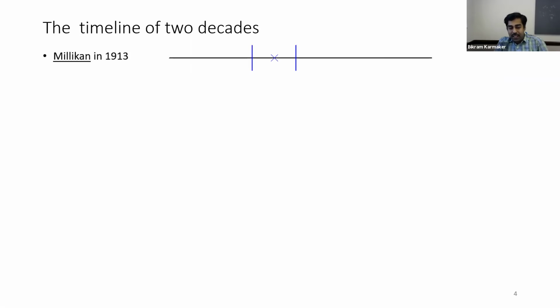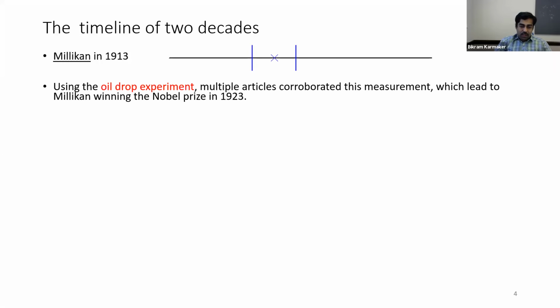So let's take a walk through about 2 decades following that. Millikan in 1913 calculates this number up to some uncertainty, and the scale you are looking at here is incredibly magnified, on the order of 10 to the minus 25. He used the oil drop experiment, the most sophisticated equipment of that time, and even by today's standards it's pretty sophisticated equipment.